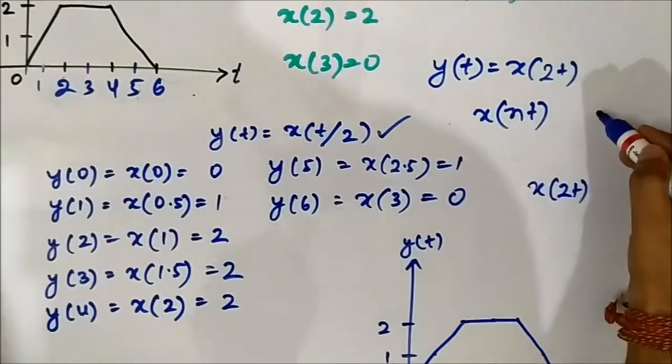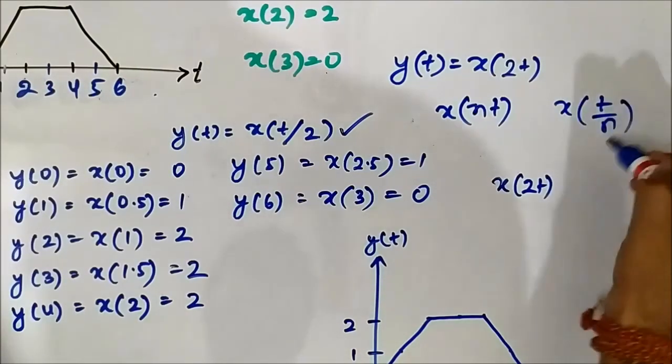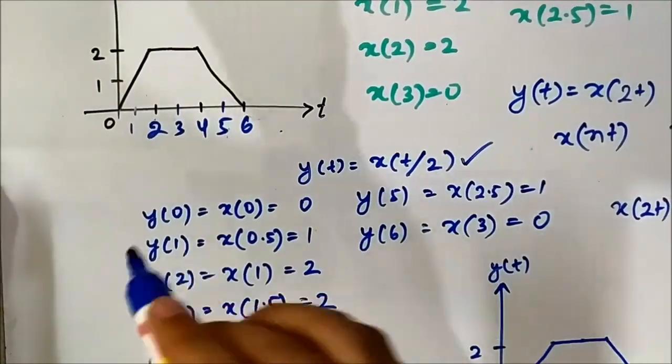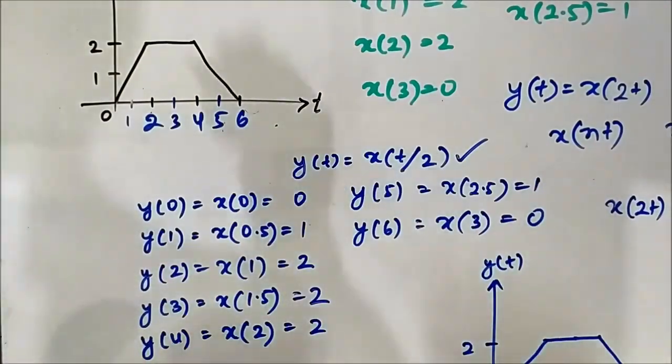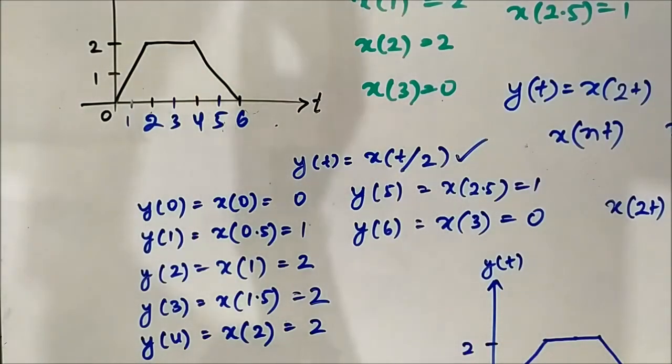When n is dividing t in the time scaling operation, it will get multiplied by n at each distinct point. We will also solve this using the shortcut method, and there I will explain how to use it. So this is the basic concept behind the time scaling operation.